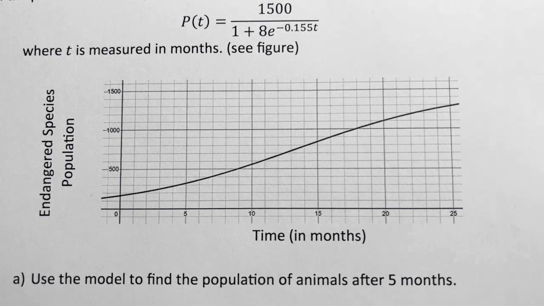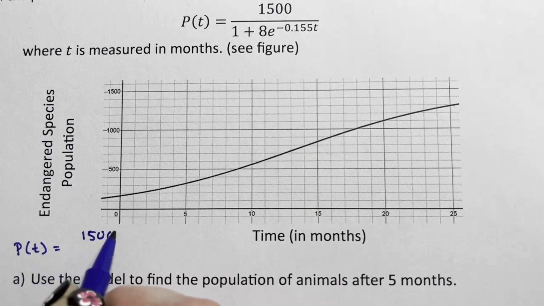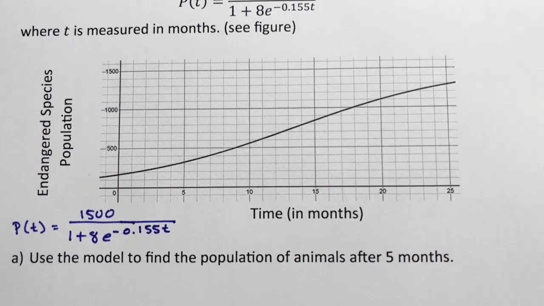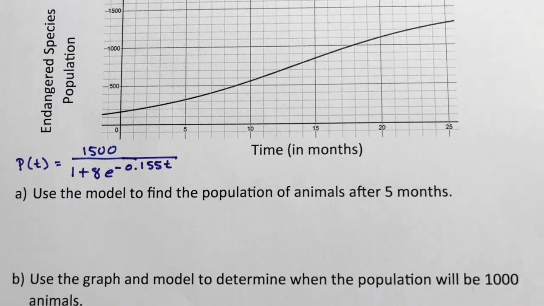So I'm going to rewrite the model just above A. P of t equals 1,500 divided by 1 plus 8e to the negative 0.155t.